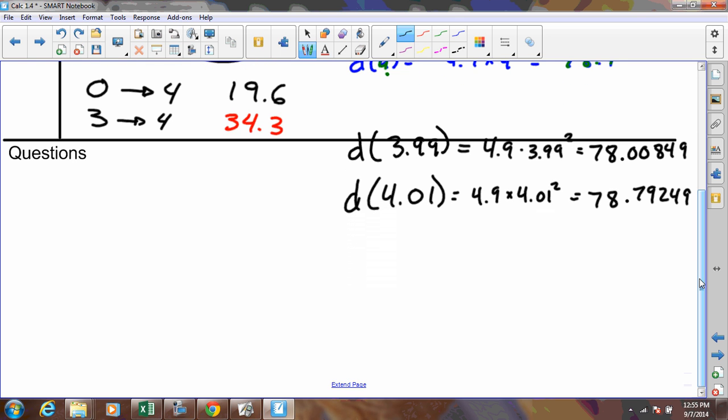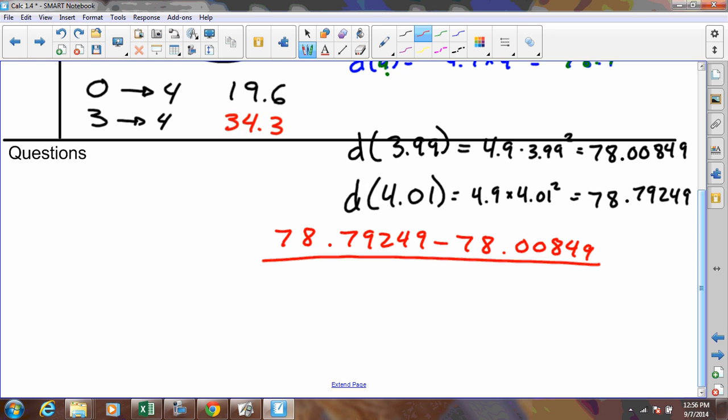So to get the speed, we'd have 78.79249 subtract 78.00849 all over 4.01 subtract 3.99.